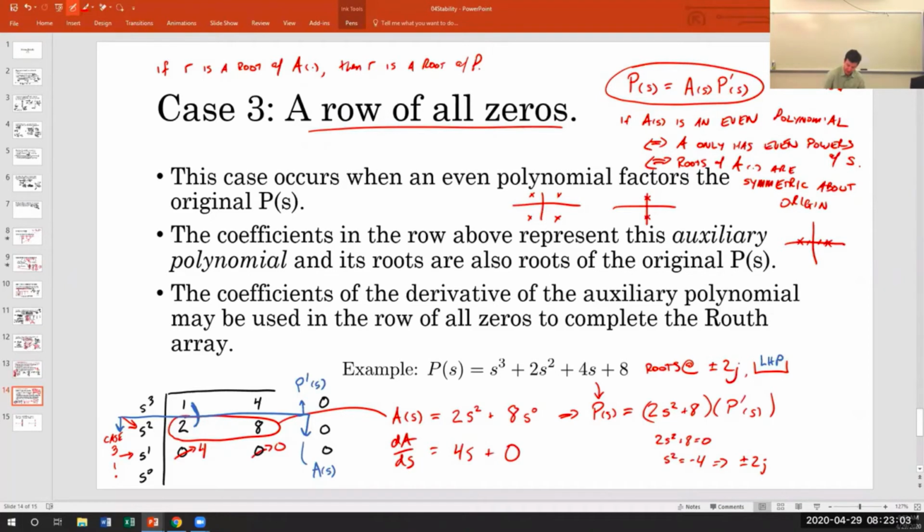Now all of a sudden we've gotten rid of our row of zeros, and we can continue on with the Routh array construction. So this would be the determinant 4 times 8 minus 2 times 0 divided by 4, so you get an 8 down here.